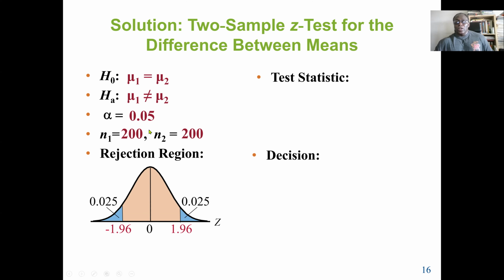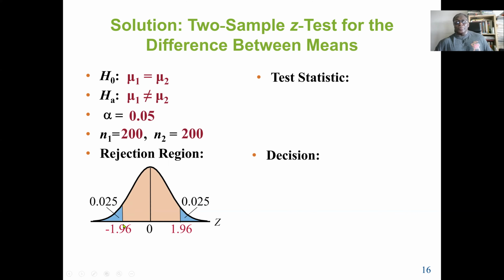So this means we divide the alpha 0.05 by 2. So we get 0.025 to the left, 0.025 to the right. If you look for the Z value, Z 1 minus alpha over 2, you will get a Z value of 1.96 on the positive side, then the negative side will be negative 1.96. Again, the steps didn't show here the reason why we did this already. So if you forget this, go through the hypothesis testing for one sample or one population using the Z.